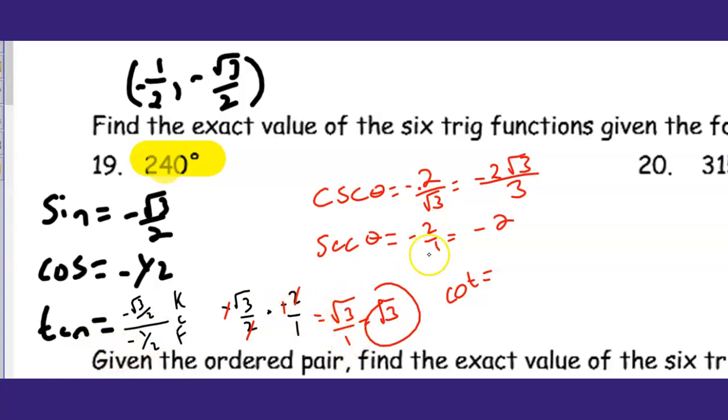See 1 over radical 3? I'm going to flip that, 1 over radical 3, which we need to rationalize again. Move the radical to the top, and keep the number from the radical at the bottom. So that's cotangent. There are your six trig identities.